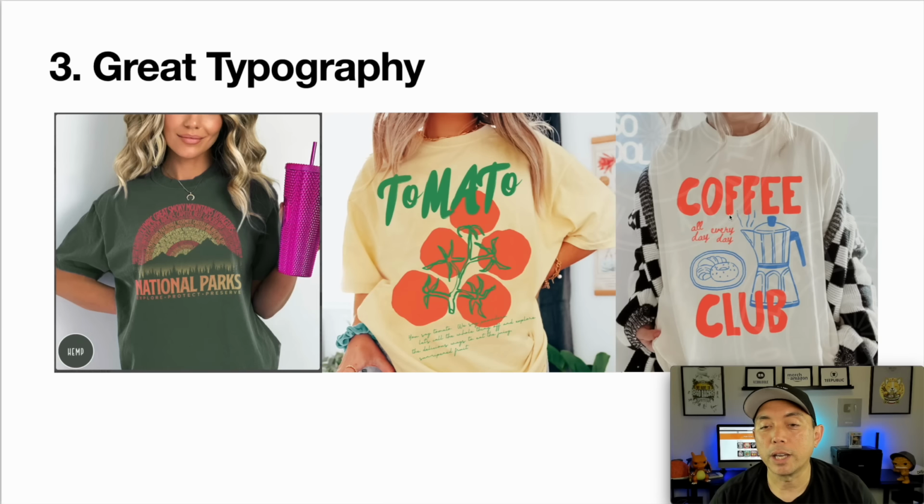So one way to stand out from AI and basically everyone again is to have great typography that makes your design stand out. So look for good fonts, handwrite your fonts, treat it as a work of art too. You can see right here, just this tomato, this is kind of like a graphic.